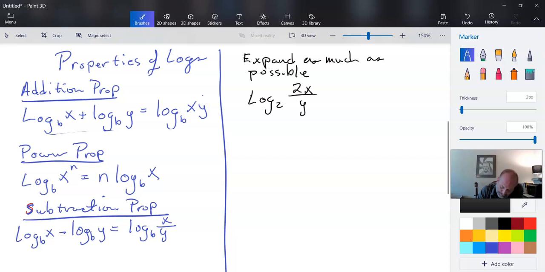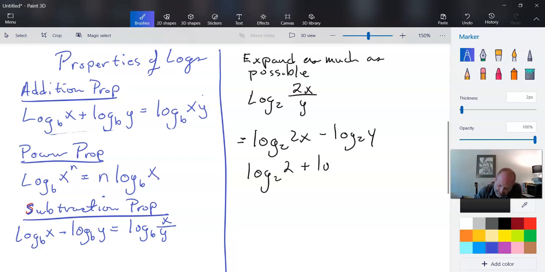That means that I can break this up into log base 2 of 2x minus log base 2 of y, right? Well, we're not completely done because I still have a product over here. So that means I have log base 2 of 2 plus log base 2 of x minus log base 2 of y.